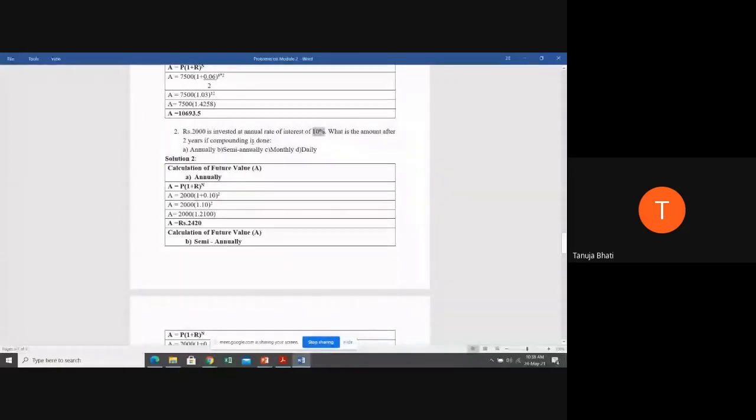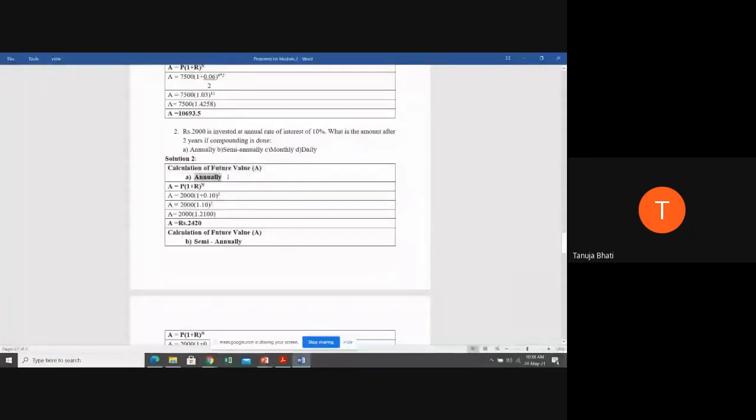So first we are going to calculate it annually. Here they are asking us to find what amount we will receive after 2 years. So they're just asking us to find the compounded amount or future value. They are not asking us to find the compound interest. So our calculation will be the calculation of future value A if it is done annually.